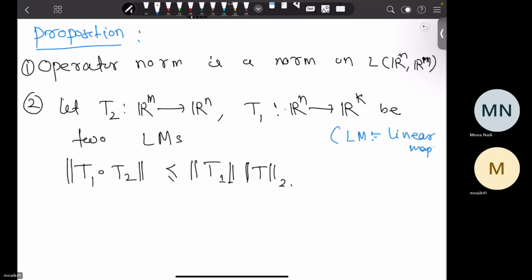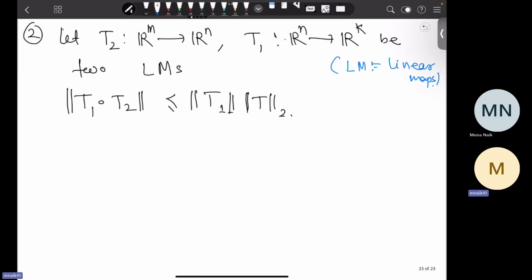So operator norm is a norm on this space. Let T2 be a linear map from R^m to R^n, and T1 a linear map from R^n to R^k. Then the proof.